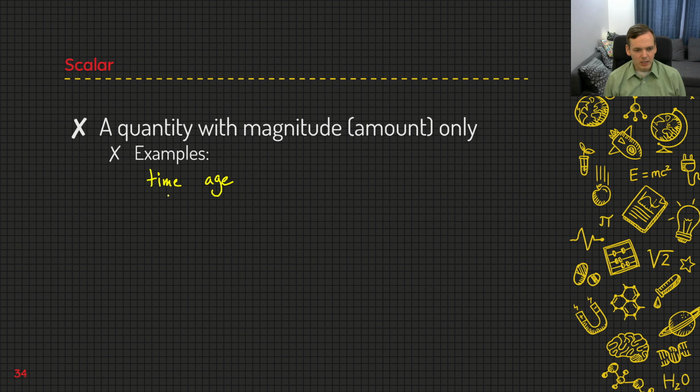They have an amount, like the amount of time that has passed, how old something is. A length is a scalar, how long something is, because it just has an amount, right? The mass of an object is a scalar because you know how much mass, how much stuff is there. So those are all examples of scalars.